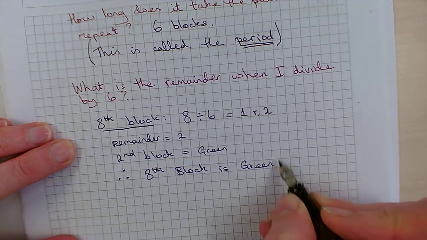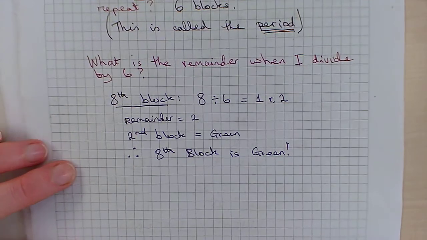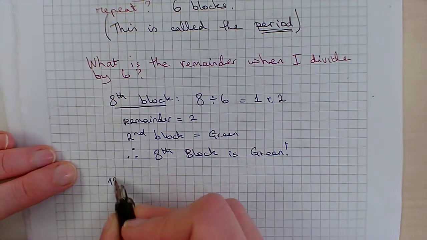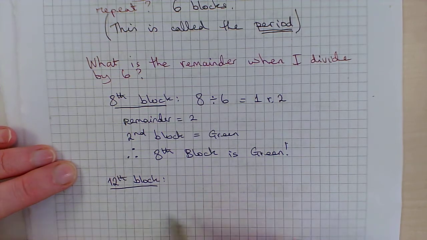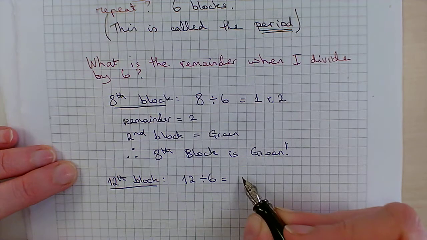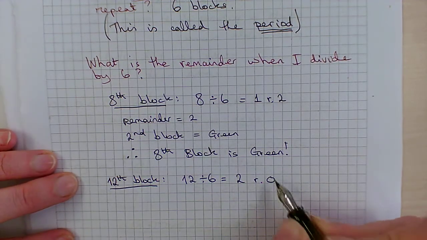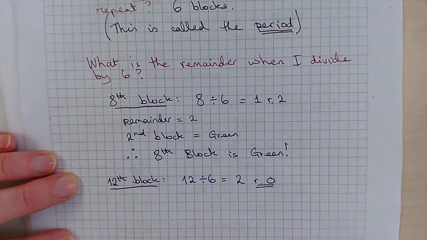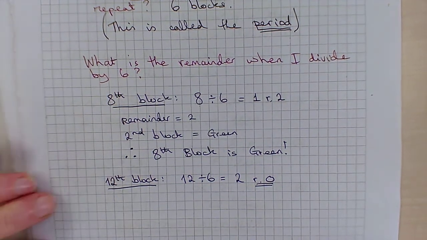Does this always work? Actually, yes, it does. This is exactly how we do it. So if I look at the 12th block, what happened there? Well, 12 divided by 6 goes in evenly, 2 with no remainder. My remainder is 0. So what does that mean? Well, a remainder of 0 is the same as a remainder of 6.